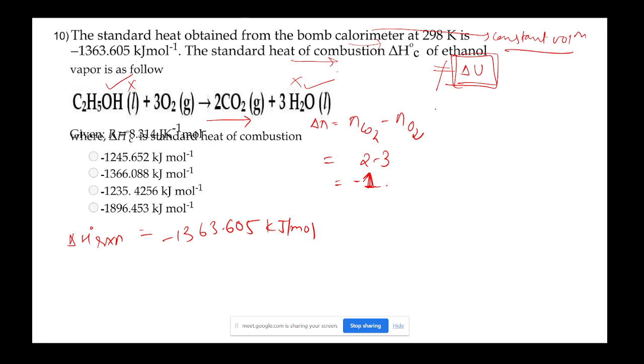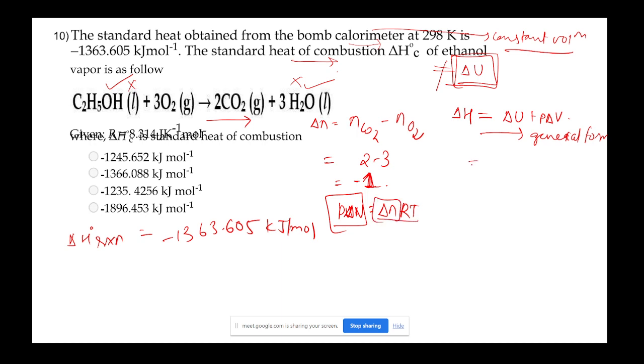So the standard heat of combustion is delta H, and delta H is delta U plus P delta V. This is the general form. As I had told you, P delta V is nothing but delta N RT, so I can replace P delta V with delta N into RT. So delta H is delta U plus delta N RT.